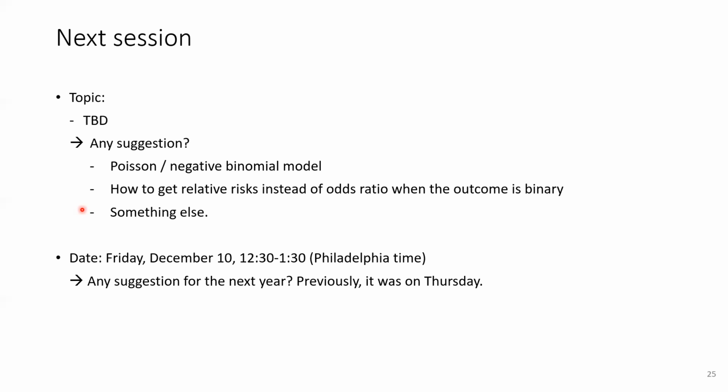I would prefer Poisson and negative binomial model, but Uriel says that you have a session about that, but not mixed. I'm not sure, in the chat. Was it a previous session? Remember the session about Poisson?